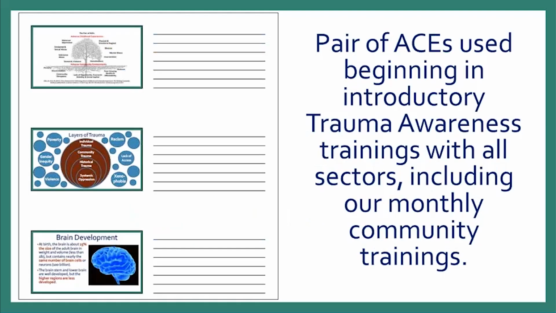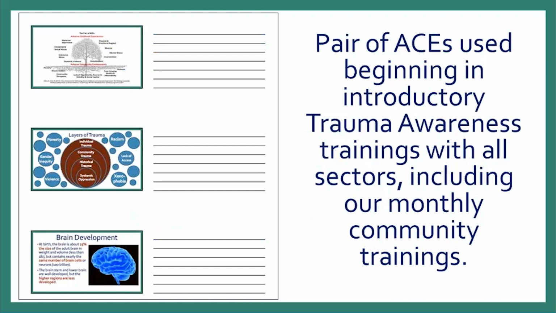So here you see one page out of our trauma awareness slide deck, which is our introductory training on trauma, helping people understand and build a common vocabulary around trauma, understanding the science and research, being able to look at and understand the impact of trauma, as well as a call to action.